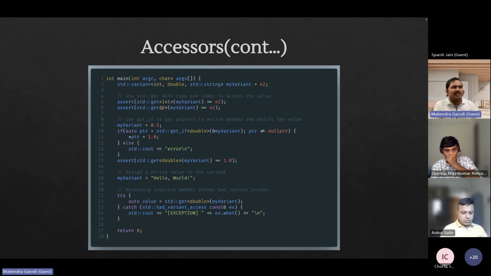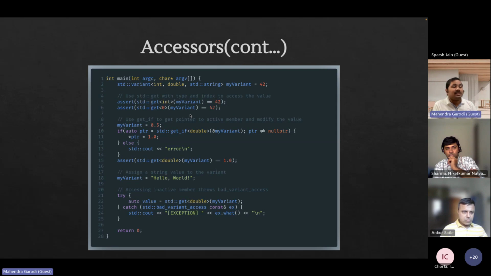I can pass the index as well, that okay, pass me the 0. So let's see, if I pass 1 here, then it will throw an exception, because basically the active member is not of whatever is present at the index 1. So it will throw an error.